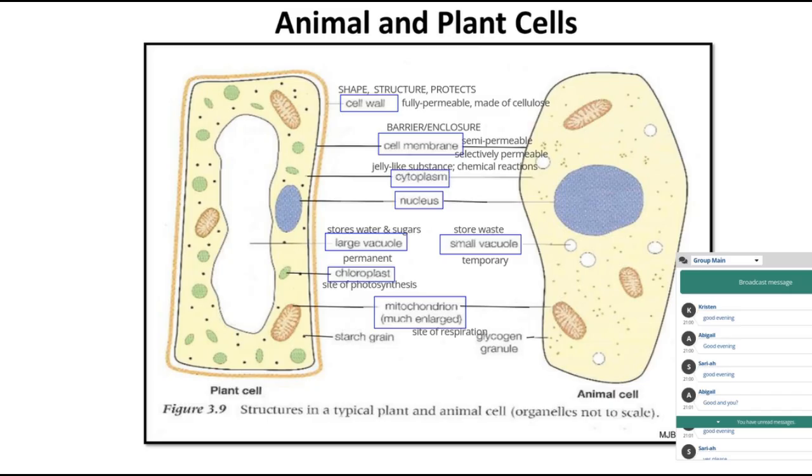Right, so it's going to be involved in the breakdown of food and energy. So that's the key thing to keep in mind when you're thinking about the mitochondrion. So energy is released in the mitochondria. It's manufactured and released in the process of respiration. So that's what the mitochondria do. So both of the cells would have mitochondria.